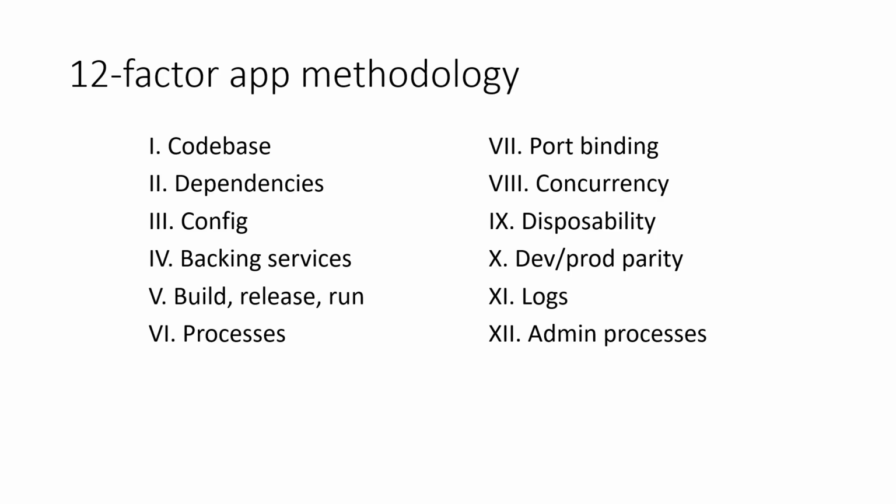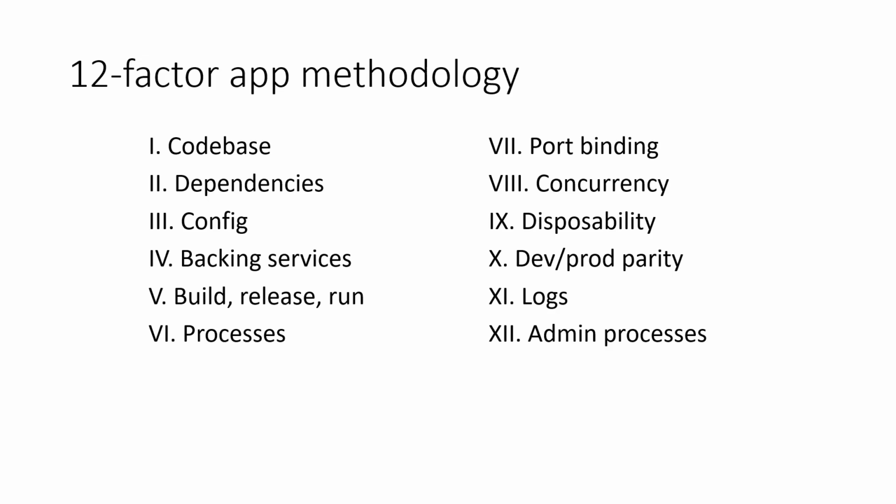In terms of code base, one code base tracked in revision control with many deployments. In terms of dependencies, explicitly declare and isolate dependencies. In terms of config, store configurations in the environment. In terms of backing services, treat backing services as attached resources. In terms of build, release, and run, strictly separate build and run stages.